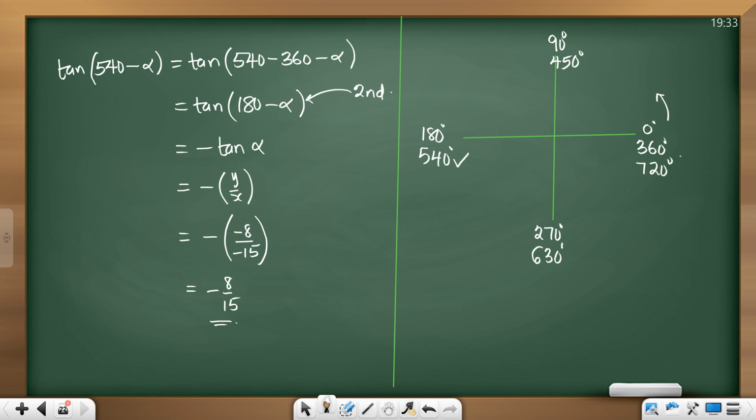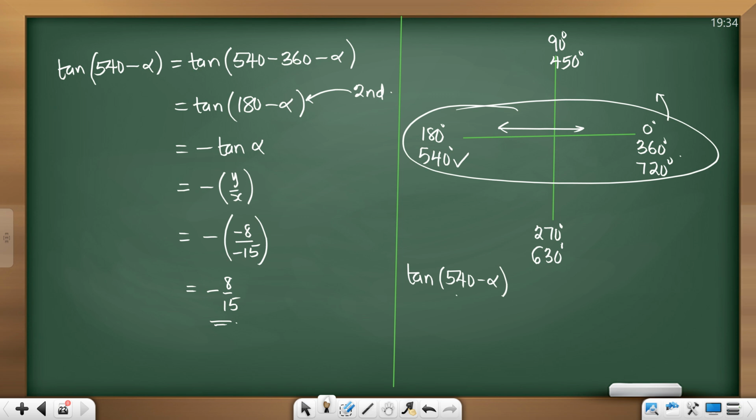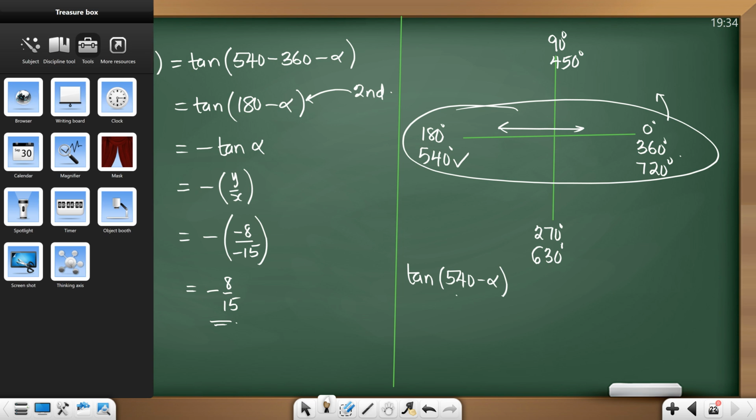Examiner is here. So I am moving horizontally. Do I change my trig ratio? Nope. So I could have just done this. Look at this. 540 and realize, oh, I am not going to change because I am on the horizontal movement of my head. I am shaking my head saying no. Then I go to my calculator.